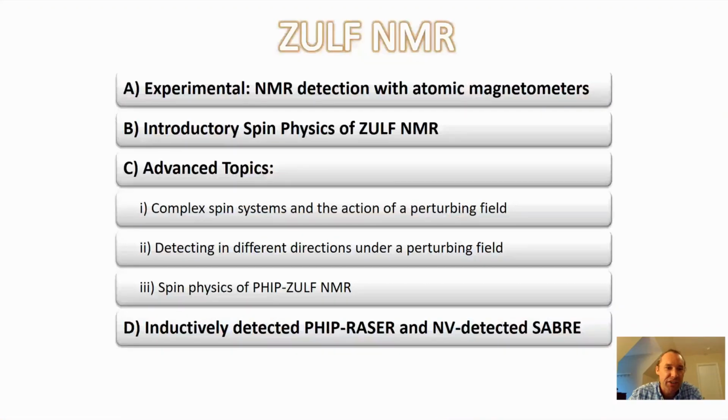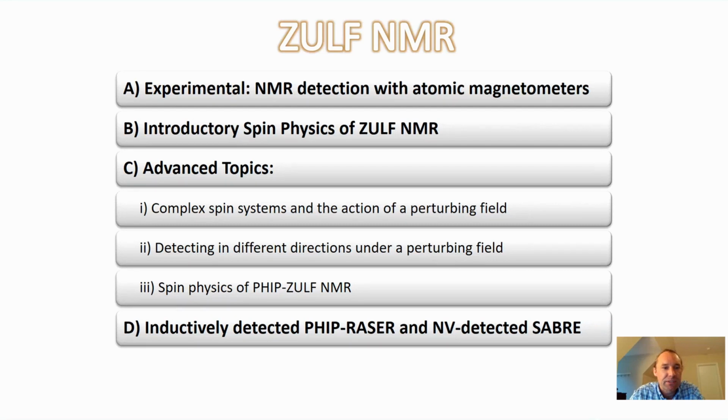And so now let me give you an outline for the rest of the talk. So first, in part A, I'm going to explain the basics of experimental procedures, how to do NMR detection with atomic magnetometers, and specifically how it was set up at Berkeley when we first did these experiments.